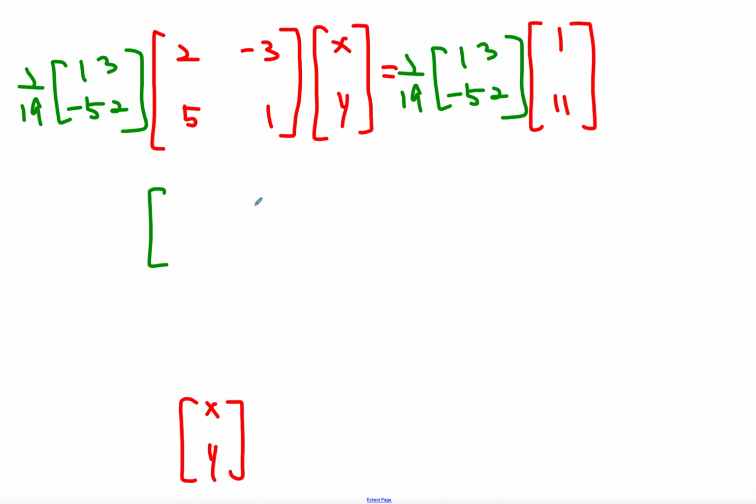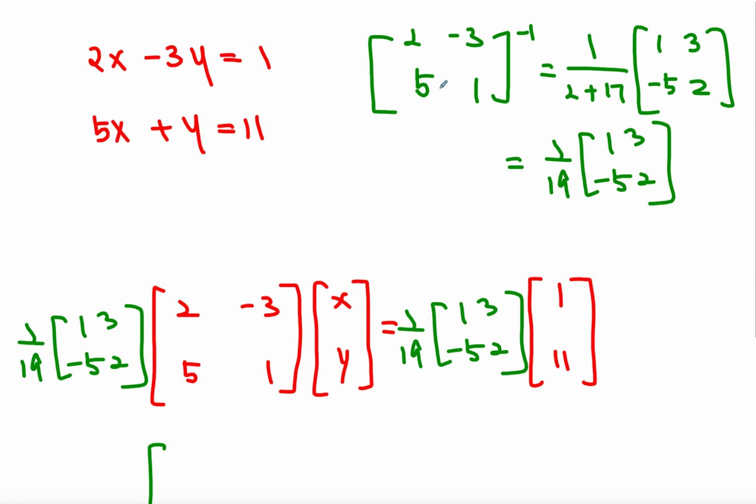In fact, this one's supposed to be 15. I think I made a silly mistake here, because 3 times 5 is 15. So this one becomes 17 rather than 19. Same here as well. This one should be 17.